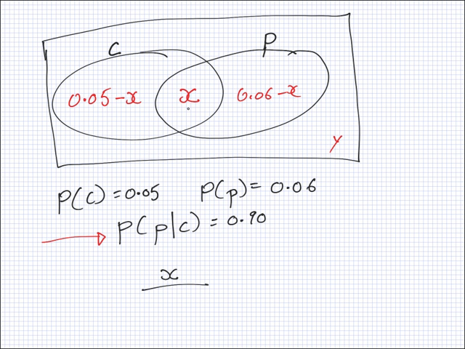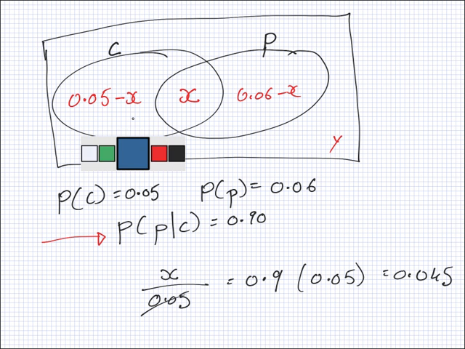Yes, it's this plus this, but we know what the total is here. It's 0.05. And that should equal 0.9. Great, that gives us x. What is that? 0.045?